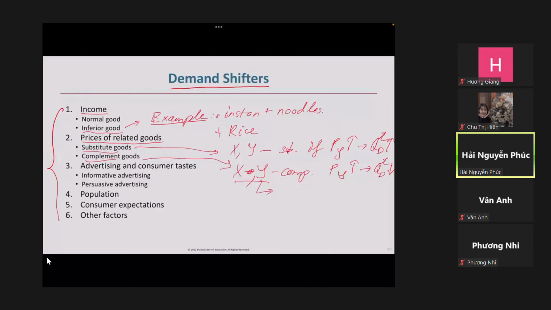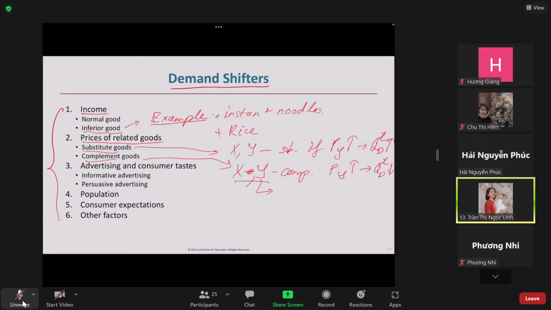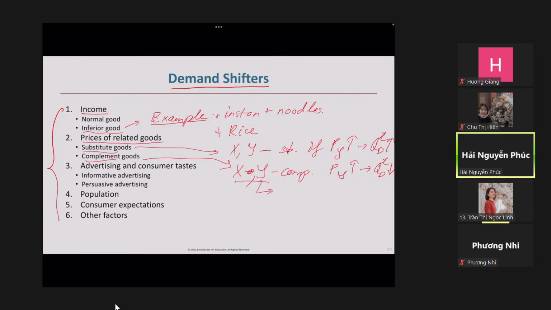Once again, there are a lot of examples of complement goods. Like the price of coffee increases, so the quantity demanded of milk will decrease, because fewer people buy coffee. Coffee and milk, right? You think coffee and milk?